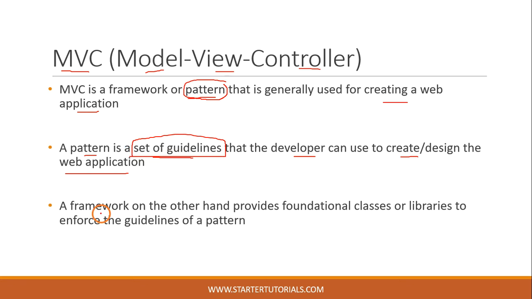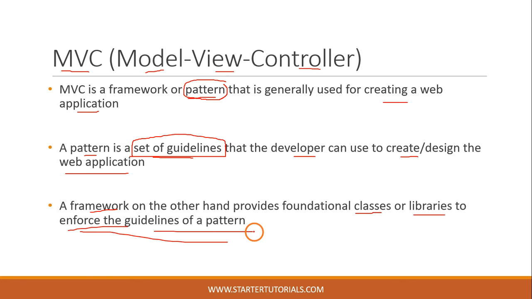And a framework offers different classes or libraries to enforce the pattern. A framework will provide you with a set of classes or libraries, that is, some utilities. The job of those classes or libraries is to enforce the guidelines specified by a pattern, so the framework will force the developers to follow the pattern.